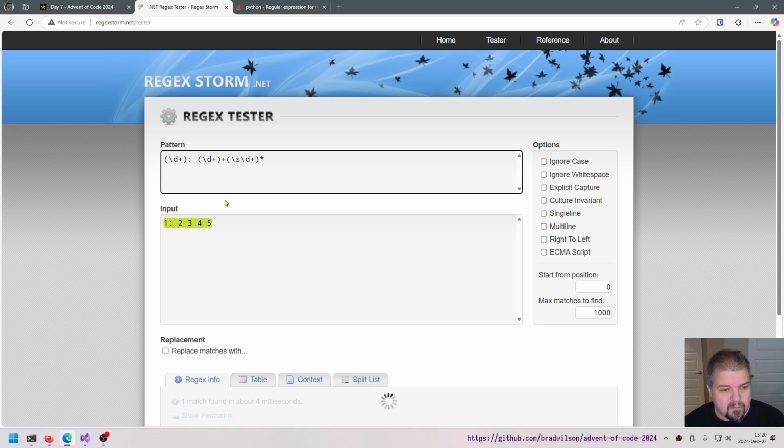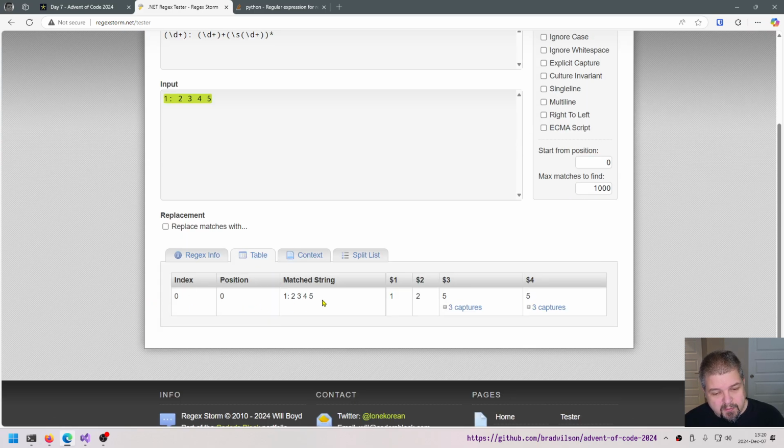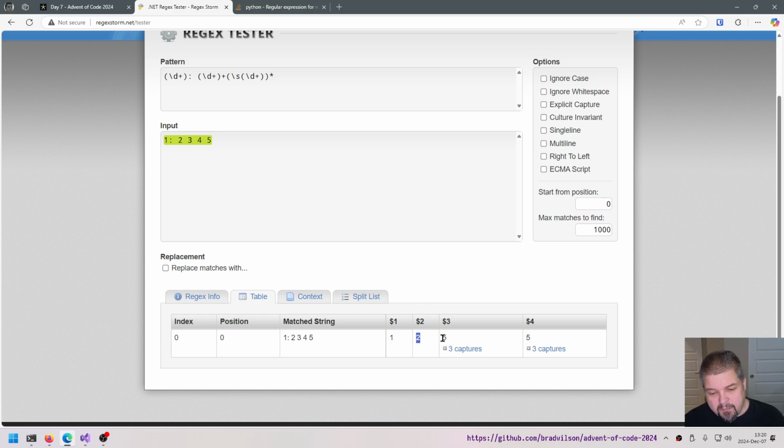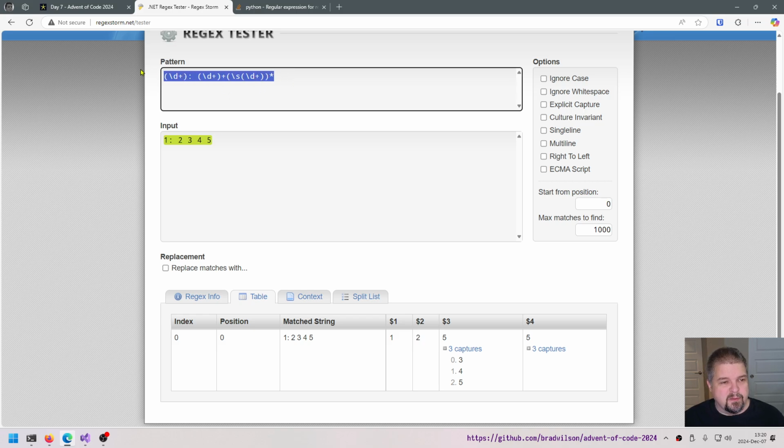It's space. And then we really only want the numbers. Okay, there we go. So that looks good. If we look at it in the table, we'll see that group 1 is going to be the 1, group 2 is going to be the 2, and group 3 is going to have multiple captures for 3, 4, and 5. So we'll have to look at that, but this looks like the regex we want if we want to do it that way.